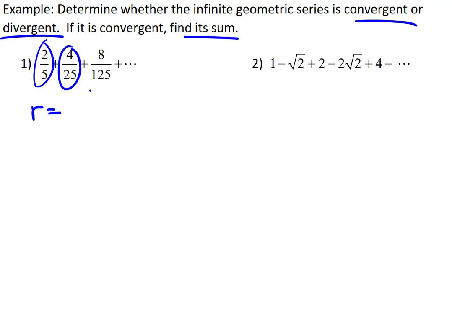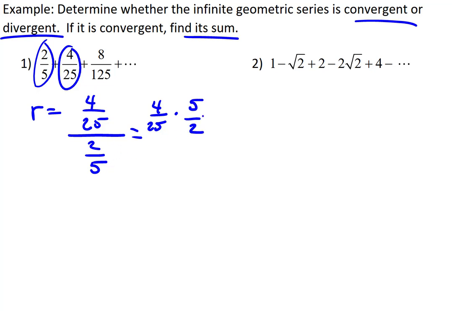So let's just pick on the first two terms. If I take the second one, which is 4 over 25, and I divide it by the first one, which is 2 over 5, okay, we'll do a little fraction kung fu here. This is really 4 over 25 times 5 over 2 if I flip this second fraction upside down and multiply. Of course, we can reduce this. The 4 over 2 is really 2, and the 5 over 25 is really a 5 down below. So it turns out that 2/5 is our common ratio.